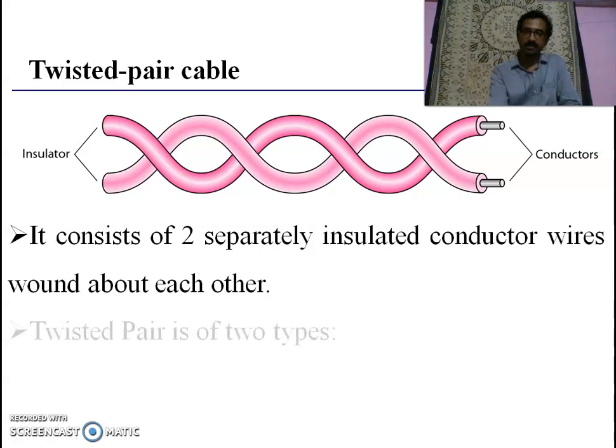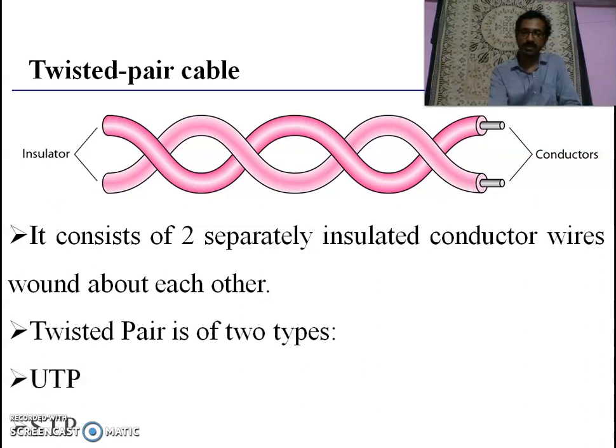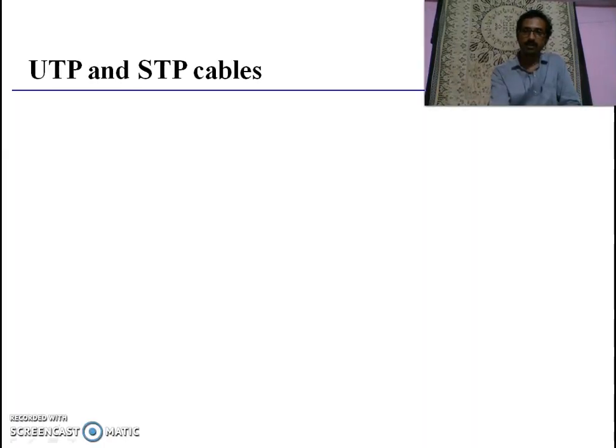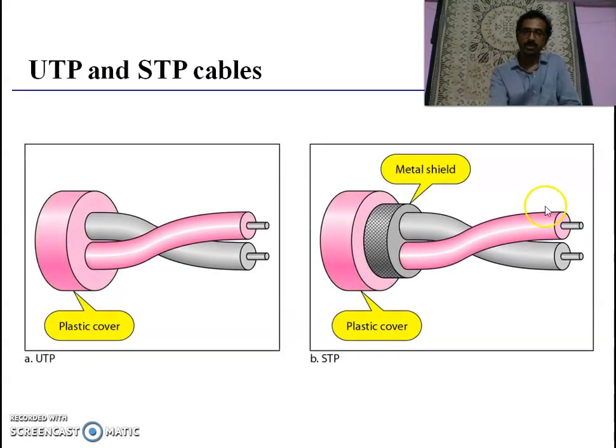And twisted pair cables are of two types. One is the unshielded twisted pair cable, one is the shielded twisted pair cable. So this is the representation of shielded and unshielded twisted pair cables. This is the unshielded twisted pair cable.